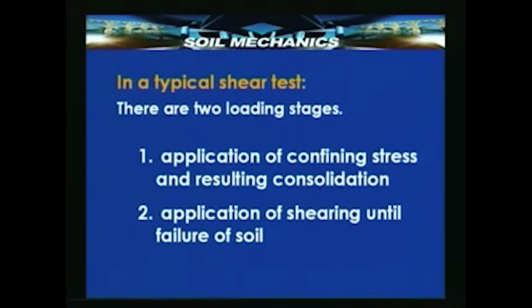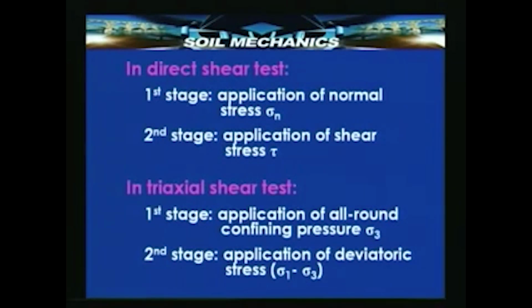There are two stages of loading in any typical shear strength test. First is application of a confining stress, and the second stage is application of the shearing force. There are two major types of tests which are commonly used in the laboratory: the direct shear test and the triaxial shear strength test.